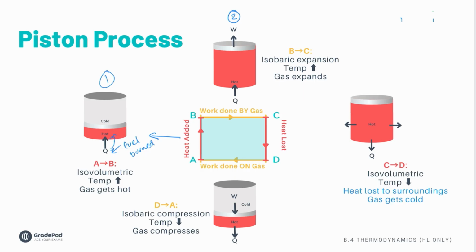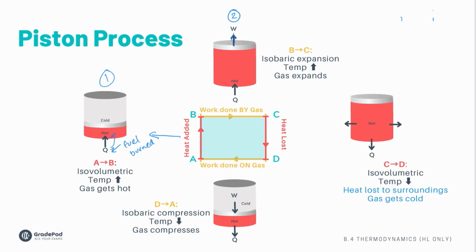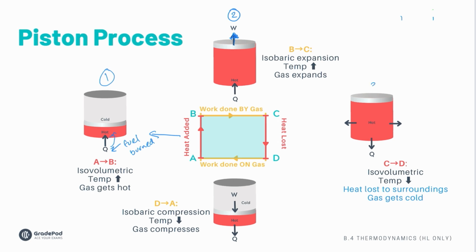Of course, as the gas heats up, it brings us to step 2. Step 2 is where the gas expands because it's been heated up. That expansion of the gas causes the piston to move upwards, meaning that work is being done by the gas. Once the piston's at maximum capacity, we move to step 3, where the gas is nice and hot, right? But heat starts to be lost to the surroundings because there's a bigger surface area here.